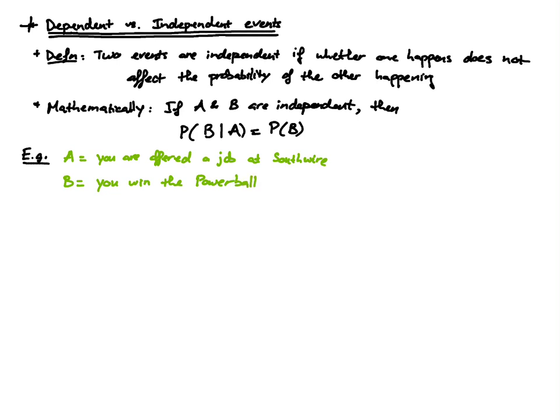Okay. Now I'm not gonna go through the math here, but it's almost common knowledge that the probability of B is equal to 1 over 292,201,338.